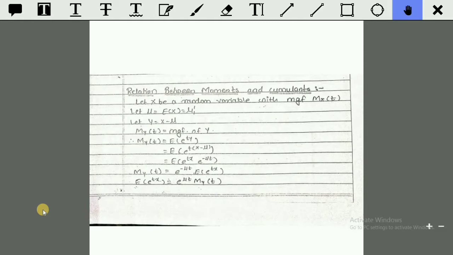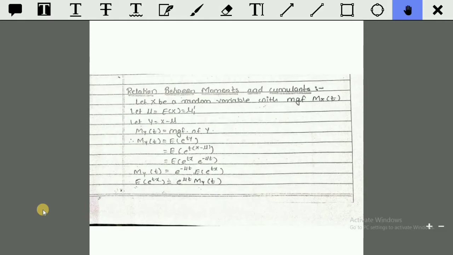So MGF of Y can be written as expectation of e raised to tY. So just put the value of Y, X minus mu. So expectation of e raised to t(X minus mu). Just multiply t into the (X minus mu). So we'll take e raised to minus mu t outside. So M_Y(t) is equal to e raised to minus mu t times expectation of e raised to tX.